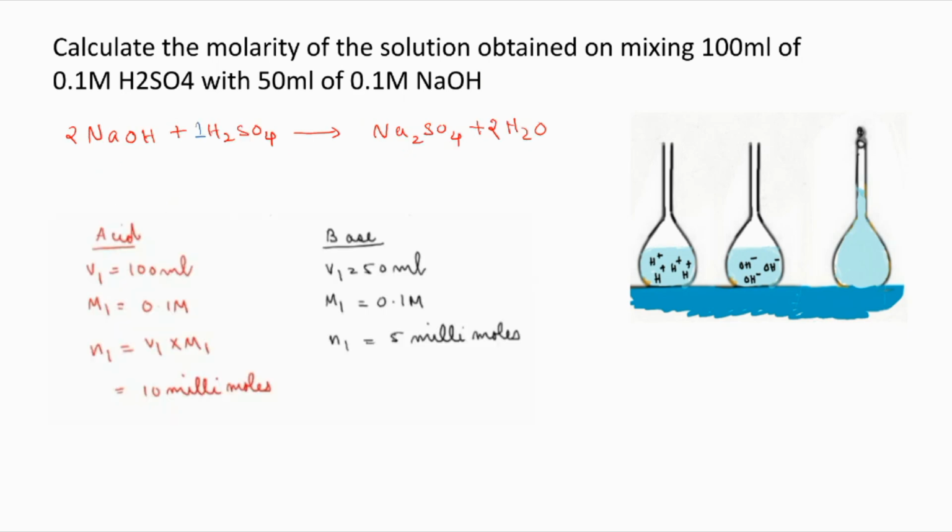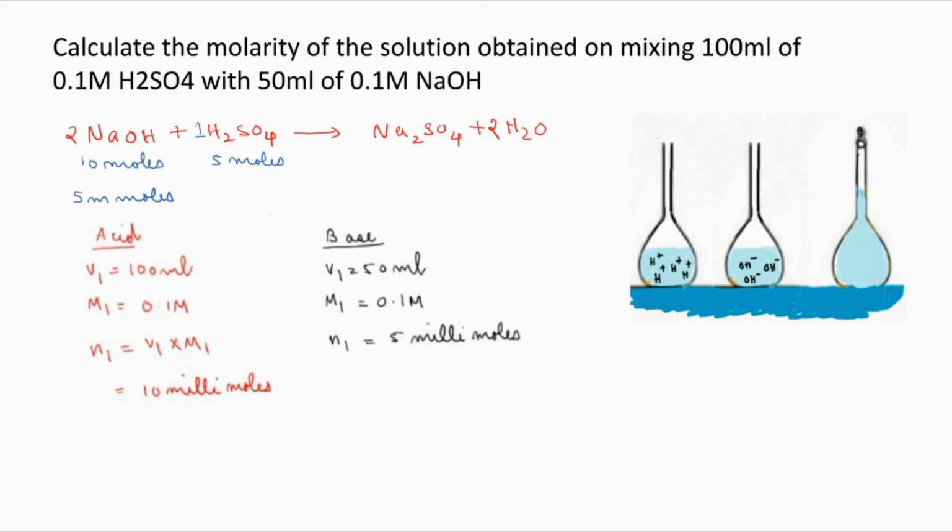But here acid and base are not reacting in the ratio 1:1. 2 moles of a base require only 1 mole of an acid for complete neutralization. That means if you take 10 moles of a base, that needs only 5 moles of acid. Here we have 5 millimoles of base.